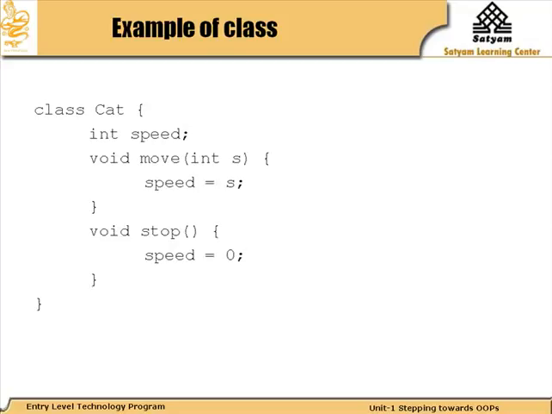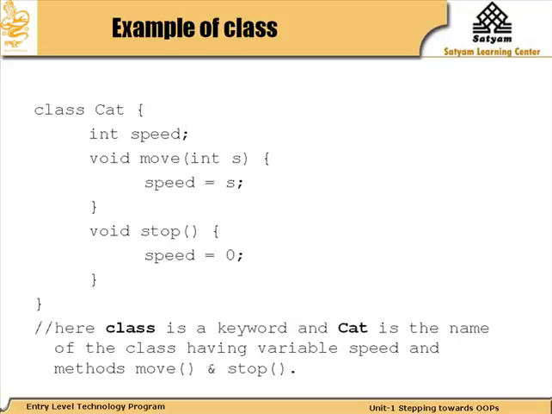Here is an example of a class. Here, class is a keyword and cat is the name of the class having variable speed and methods move and stop. As discussed, methods represent the behaviors of the class, and variables are used to hold the state of the class.